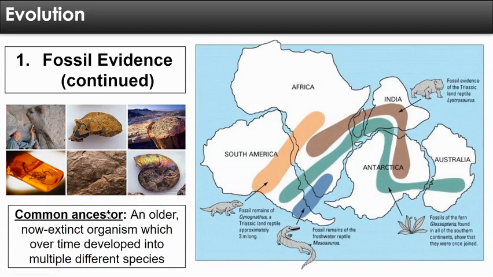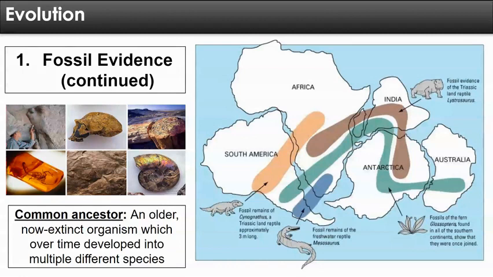And then on the very bottom, you're writing common ancestor. So what is a common ancestor? A common ancestor is an older, now extinct organism which over time developed into multiple different species. We talked about that. I think I brought it up in some of the classes that we have a common ancestor with monkeys and apes and primates overall, common ancestor from very long ago.